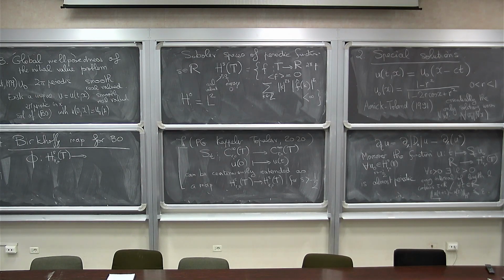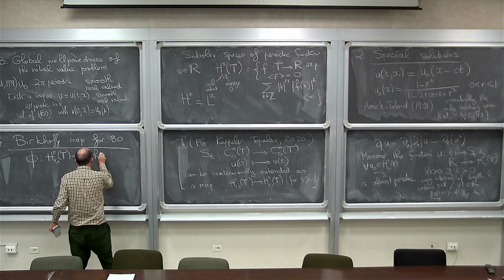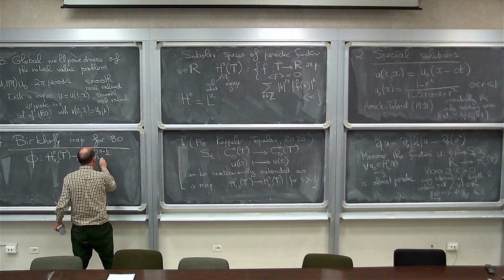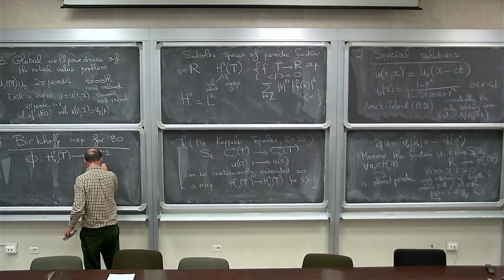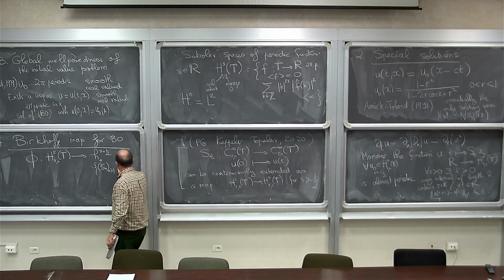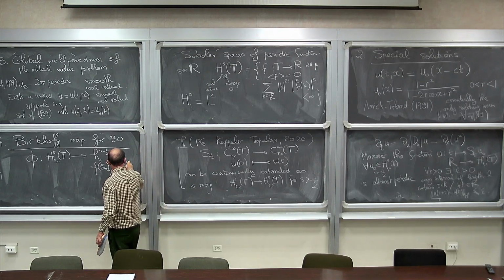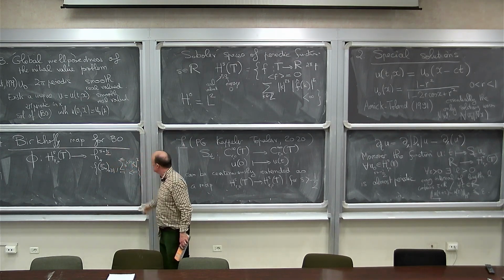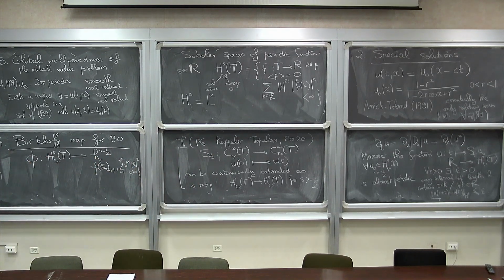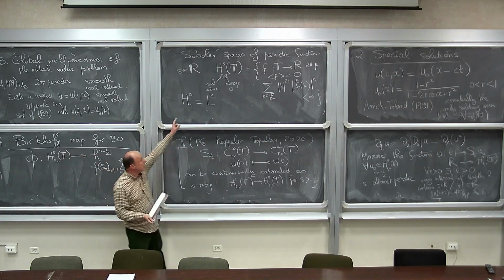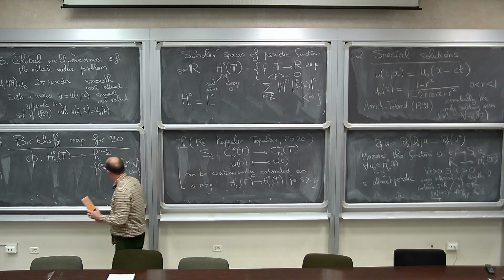So I look at the space that I will call h^(s+1/2). What is this? It's the space of sequences Xn for n at least 1, such that the sum of n^(1+2s) |Xn|^2 is finite, for n equals 1 to infinity. So essentially, a little bit like Fourier coefficients of an H^(s+1/2) function.